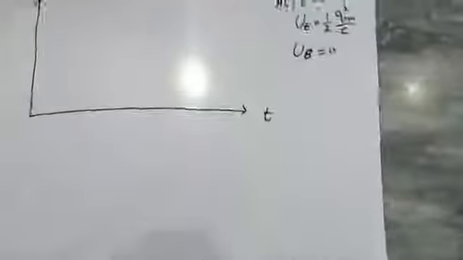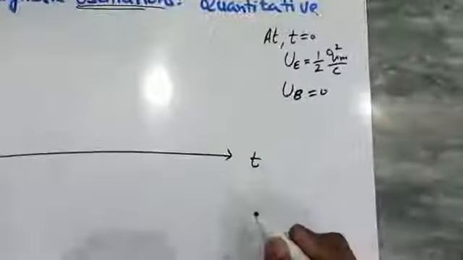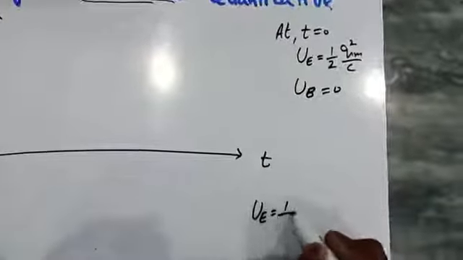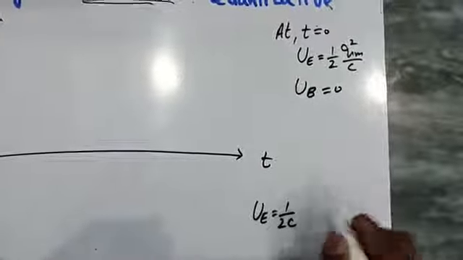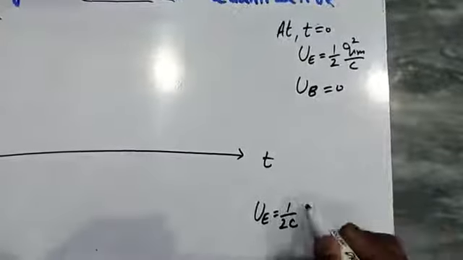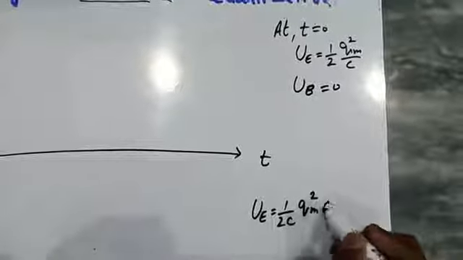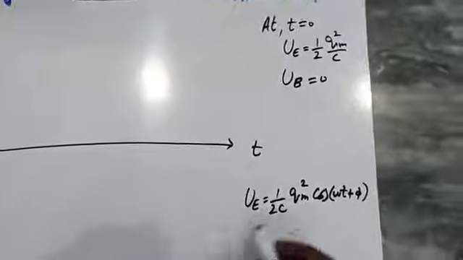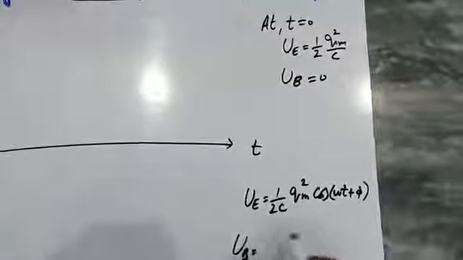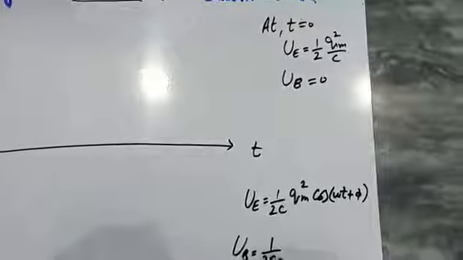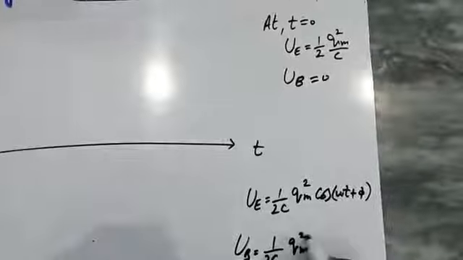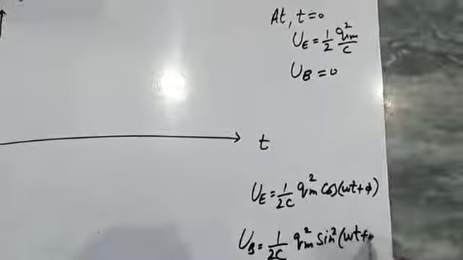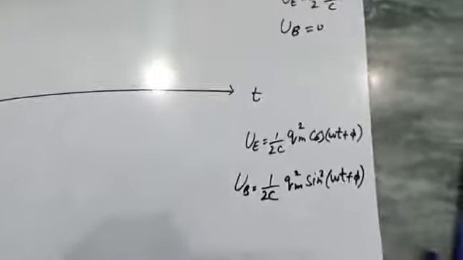As we know, the electric energy is also written as 1 over 2c qm square cos square omega t plus phi, and magnetic energy is also given as 1 over 2c qm square sine square omega t plus phi.